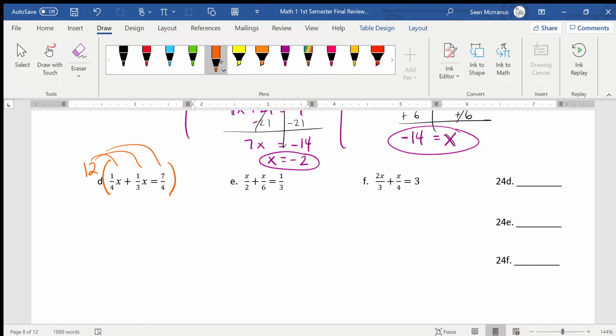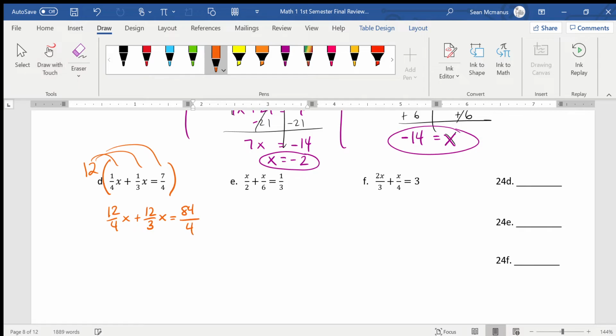Right? And when I do that, I'm going to end up with 12x over 4 plus 12x over 3 plus 12 times 7 is 84. Oops, sorry. That's an equal sign. Equals 84 over 4.